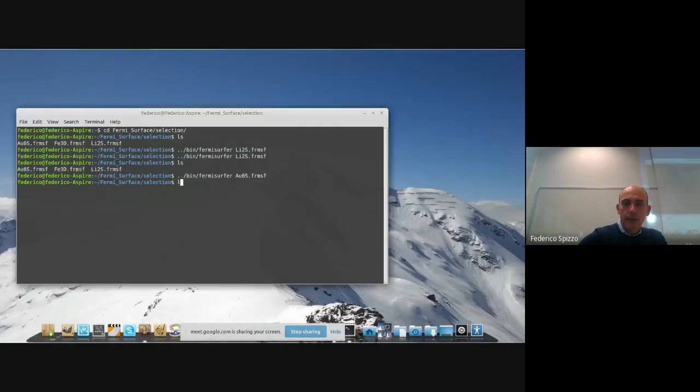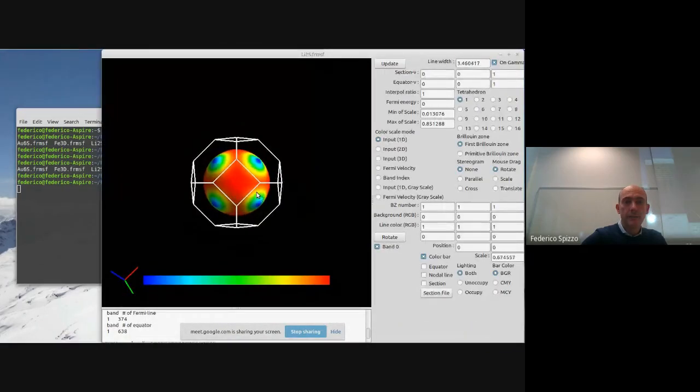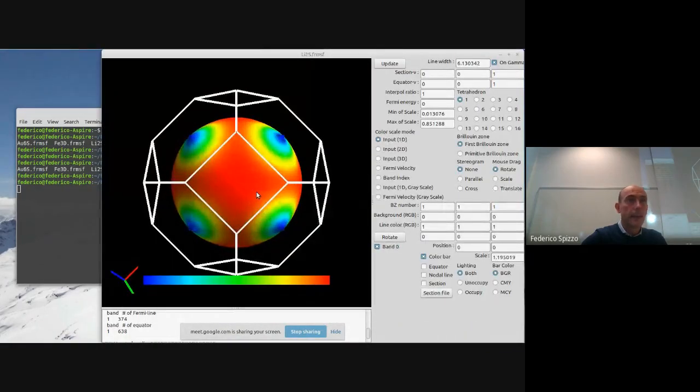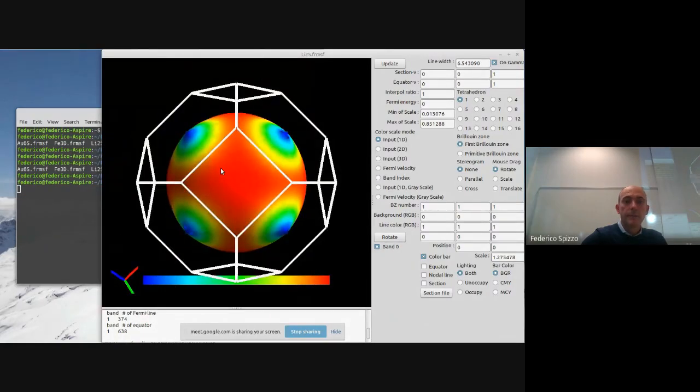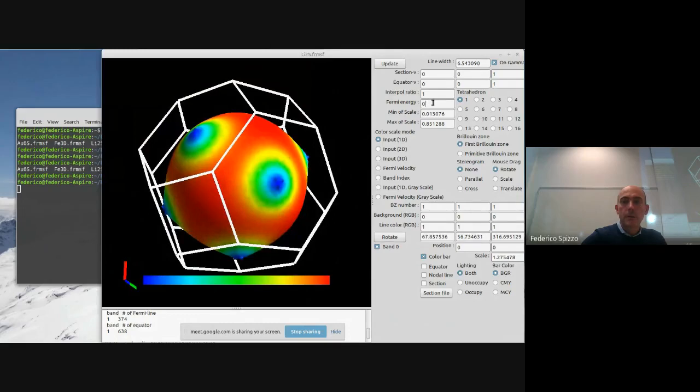If we go back to the case of lithium, lithium is a free electron metal, so nearly spherical Fermi surface. Now, if you look here, you have written Fermi energy 0. Fermi energy 0 doesn't mean that the Fermi energy is 0, but means the difference between the Fermi energy you are representing in the diagram and the actual Fermi energy.